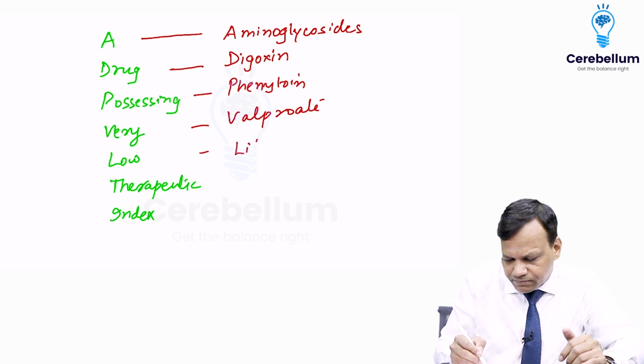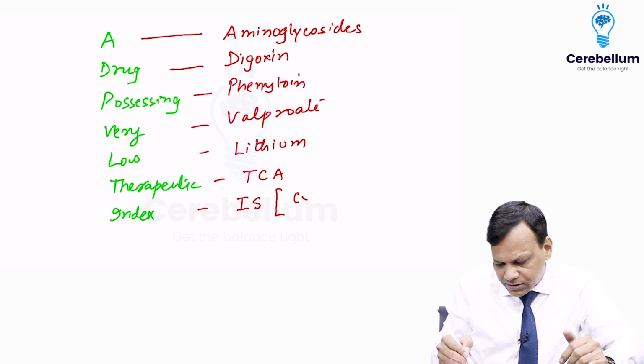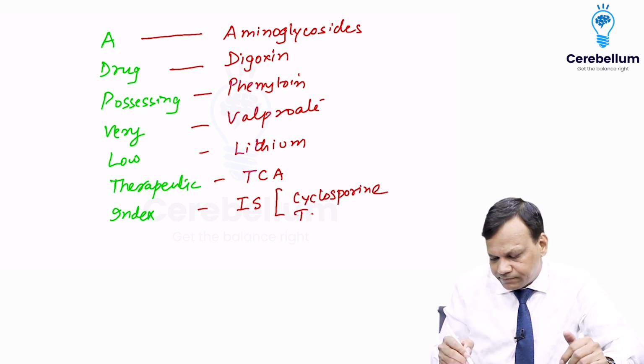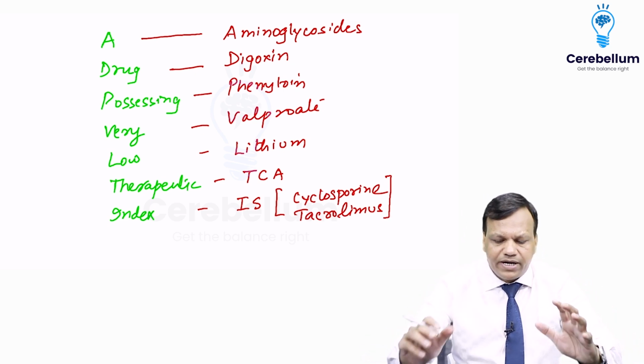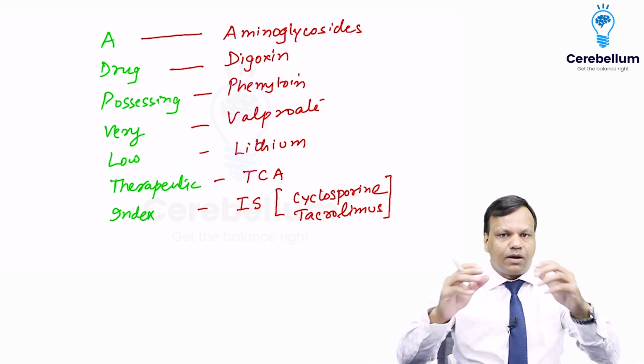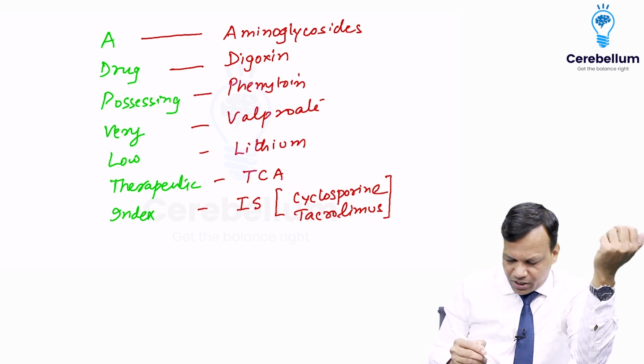L for lithium, T for tricyclic antidepressants, and I for immunosuppressant drugs like cyclosporin and tacrolimus. So these are the drugs for which we commonly do TDM. So TDM is commonly done for drugs which have narrow therapeutic index. So you can remember as a drug possessing low therapeutic index.